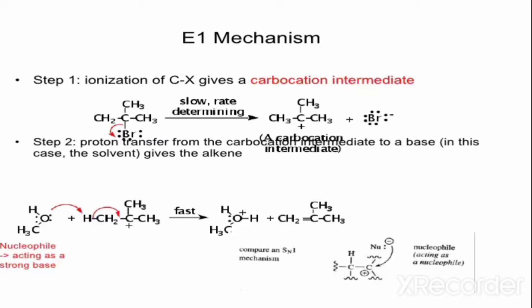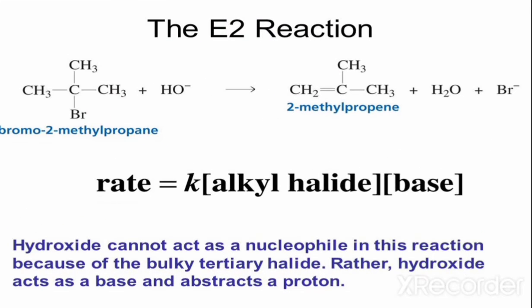The first step is rate determining, that is a slow step, and the second step is a fast step, in which the final product is an alkene. The next is the E2 reaction. It is a single step mechanism in which the rate depends upon the alkyl halide and the base.